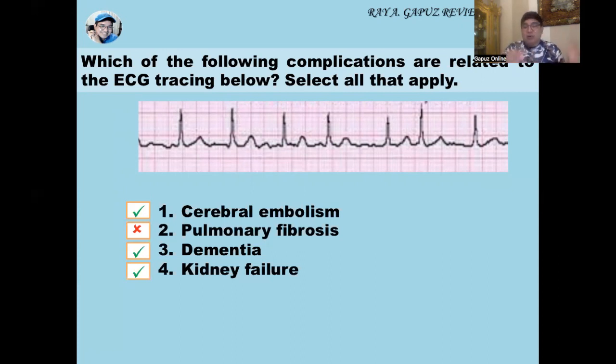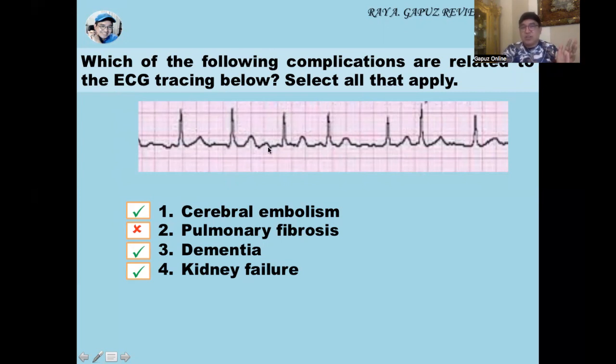Now, how did we arrive at that answer? First, as I've been telling you a while back, you have to interpret the EKG tracing. Notice that the distance from one QRS to another is not equal. So you have here an irregular QRS. And notice that you have several P waves before the QRS complex. Normally, you have a 1:1 ratio, one P wave to one QRS complex.